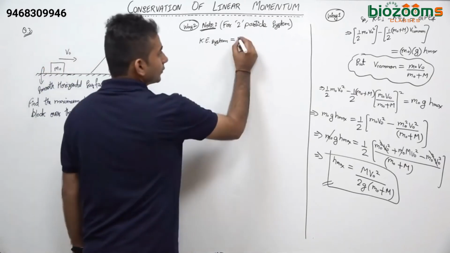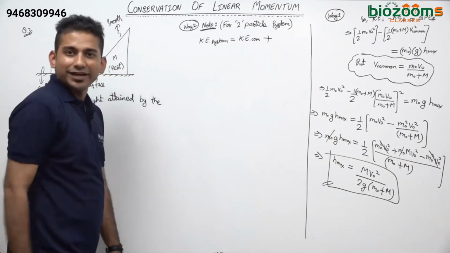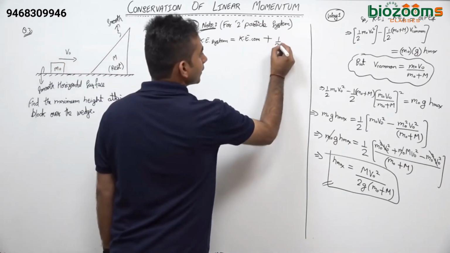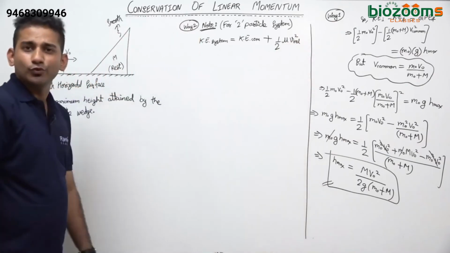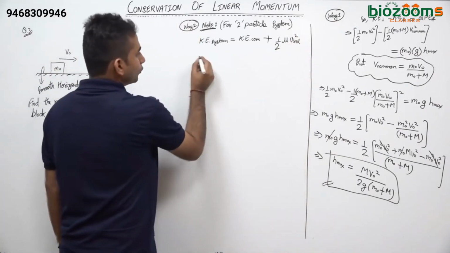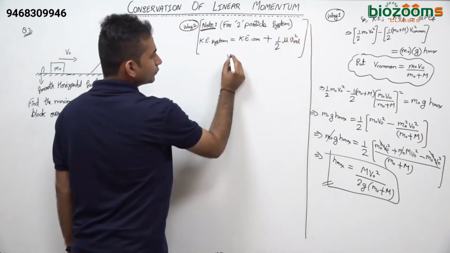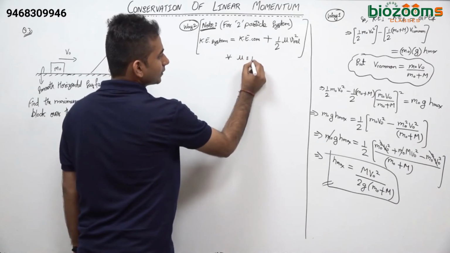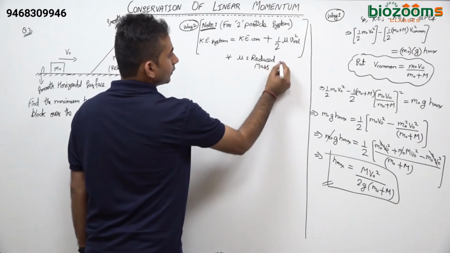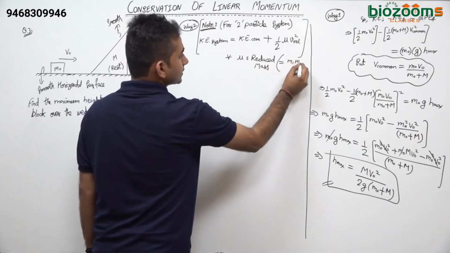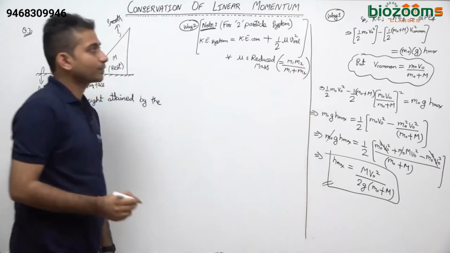The kinetic energy of center of mass plus half mu v relative square, where mu is the reduced mass, that is the product of masses over the summation of masses, m1 m2 over m1 plus m2, correct?